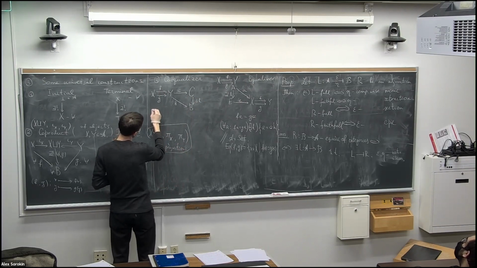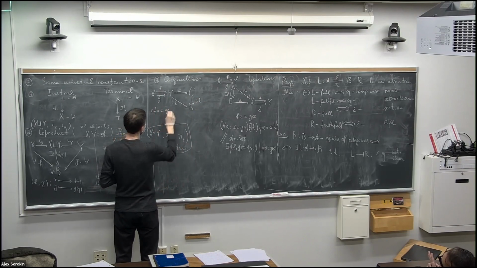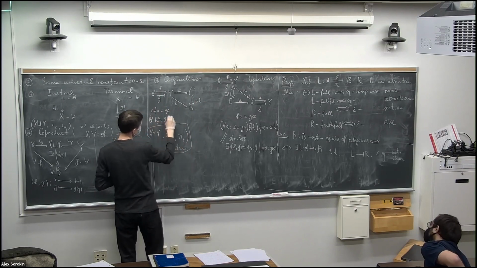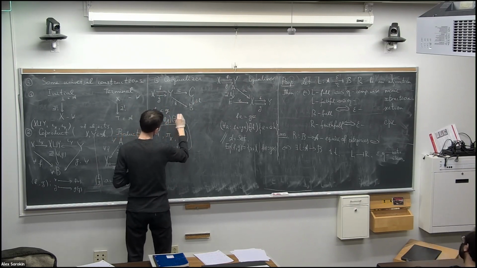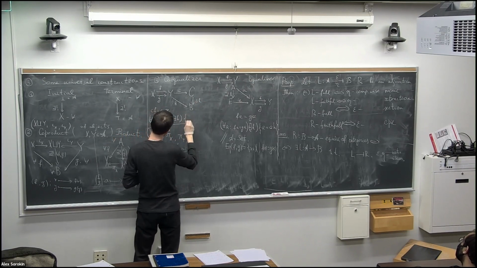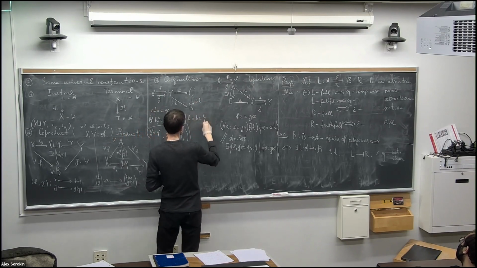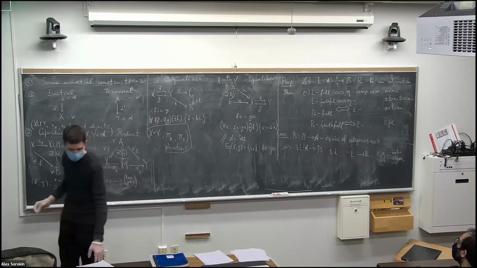So CF equals CG, and whenever BF equals BG, there exists H such that B equals HC. It's a co-equalizer.